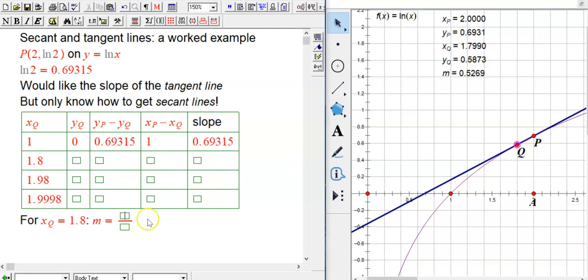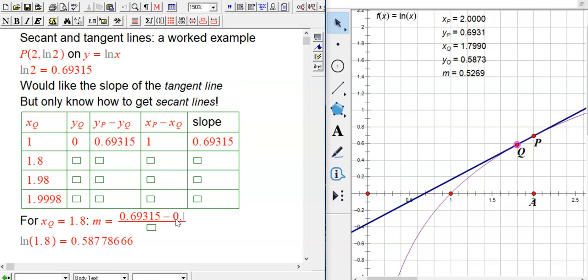Let me show you that calculation one more time with all these numbers that are a little more complicated. We've got 0.69315 minus, and let's get as exact a value as possible for the log of 1.8. This can do that for me.